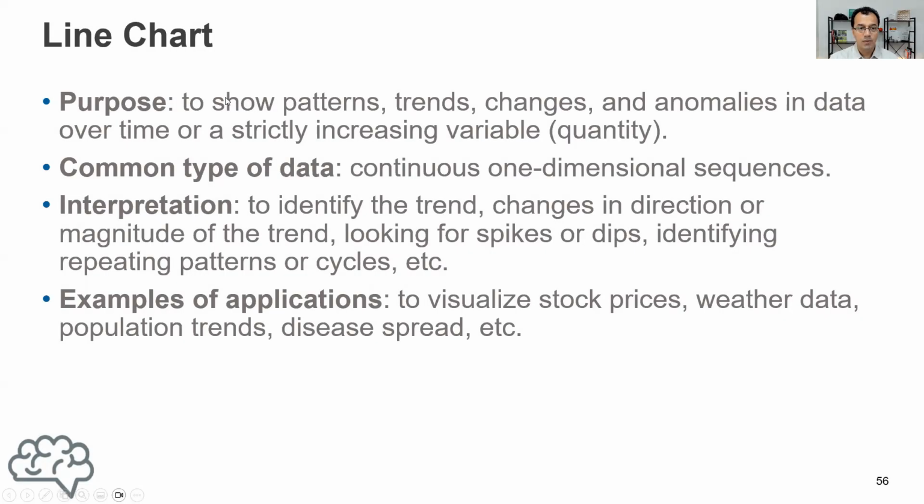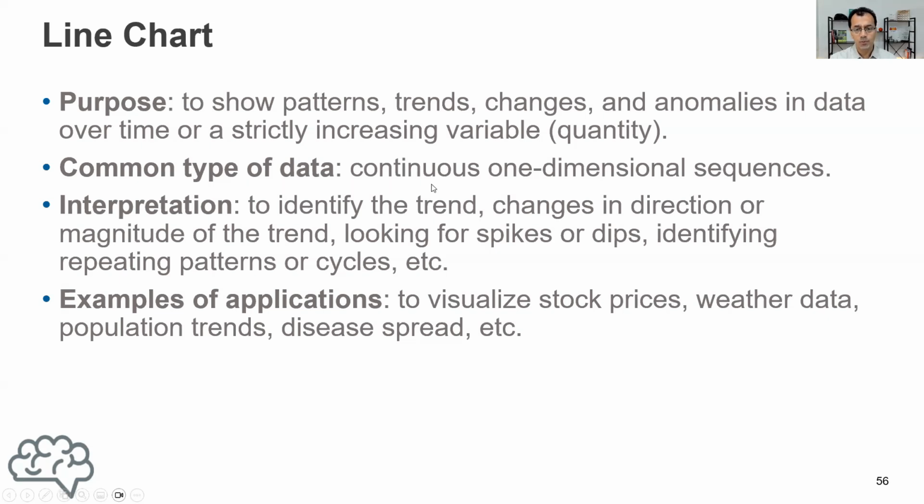The main use of line chart is to show patterns, trends, changes, and anomalies in the data over time. That's an interesting characteristic. Well, actually, we can use line charts for variables that are not measured over time. They can be measured, for example, based on another type of variable, for example, quantity. But in most cases, line charts are used with variables that change with time.